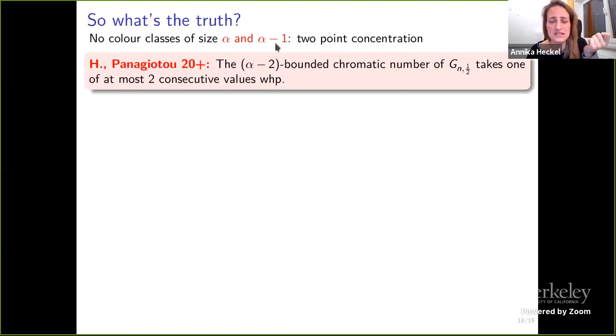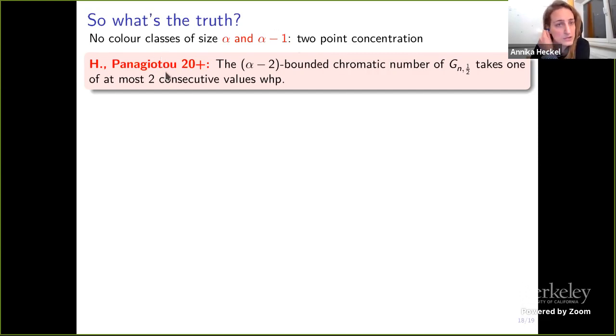There's also a different lower bound, similar but slightly trickier to understand, that comes from the count of alpha minus 1 sets. It turns out that if you ban those two color class sizes, so if you only look at colorings that don't have color classes of maximum or maximum minus 1 size, then the number of colors that you need is actually very sharply concentrated.